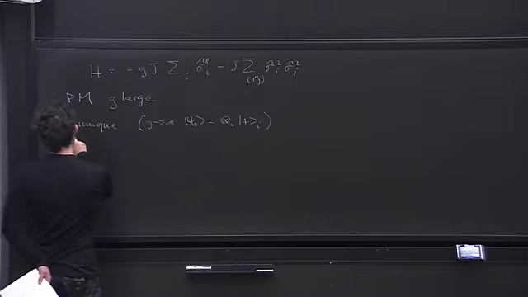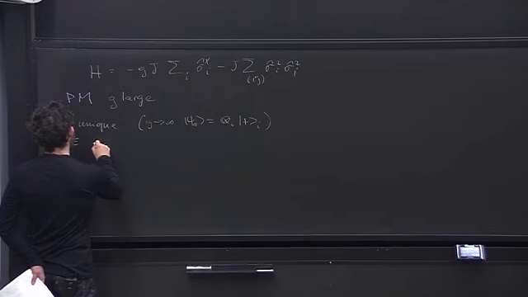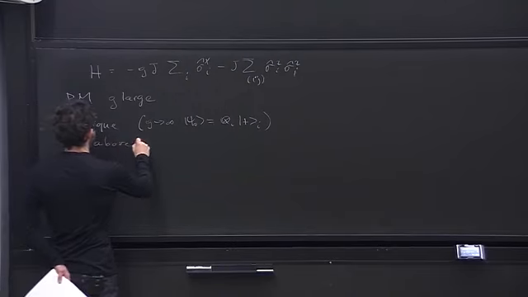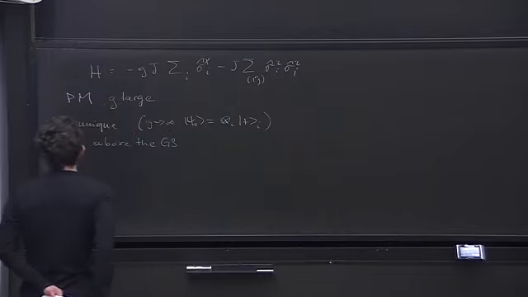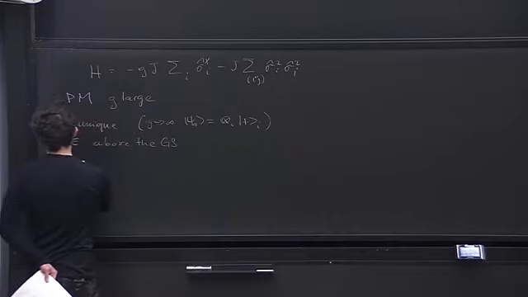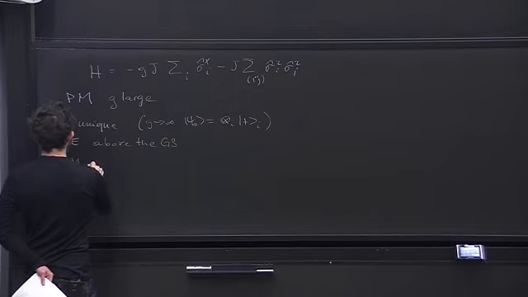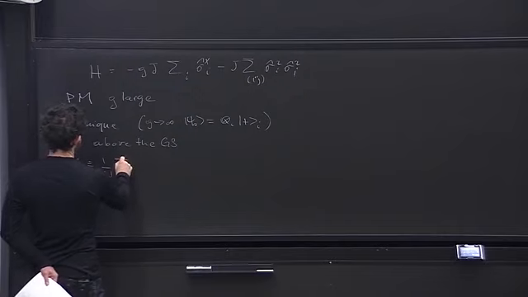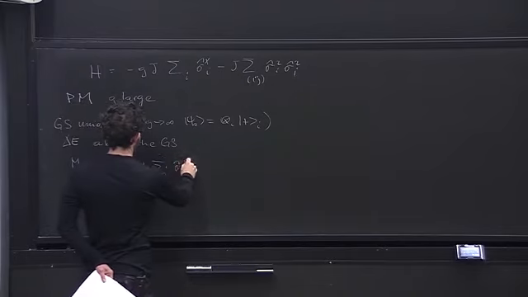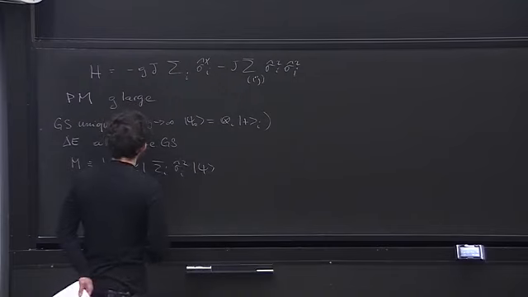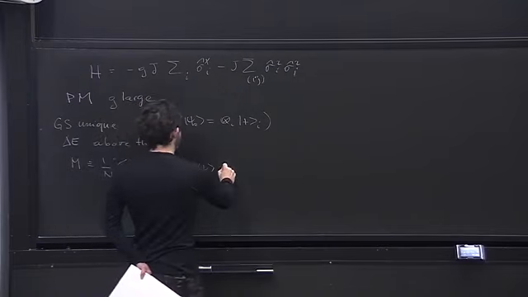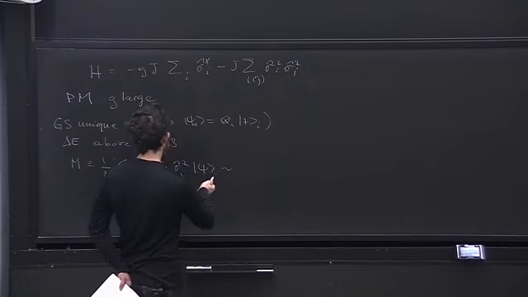Also, let's remember that there is a gap, delta E, above the ground state. And we have seen that the magnetization M, that is defined as 1 over n times the expectation value of all the sigma z, is exponentially decaying and 0 for G infinity.